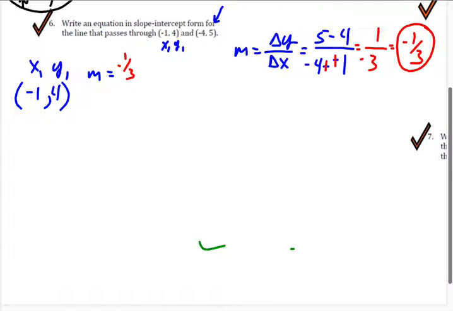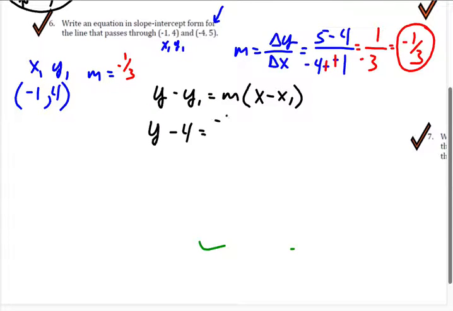Now I can put it in point slope form. This is going to give you y minus 4 equals negative 1/3 times x minus negative 1. This is plus a positive, and there it is. This is point slope form, but I want to write it in slope intercept form when I get done.